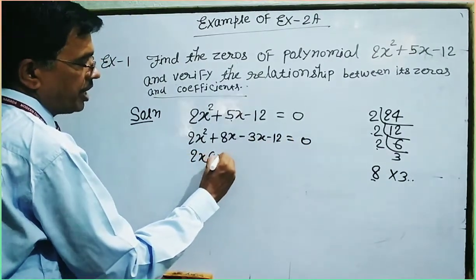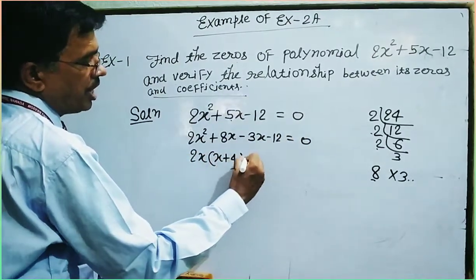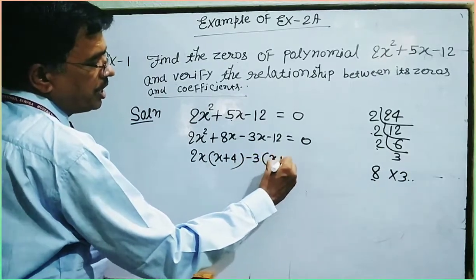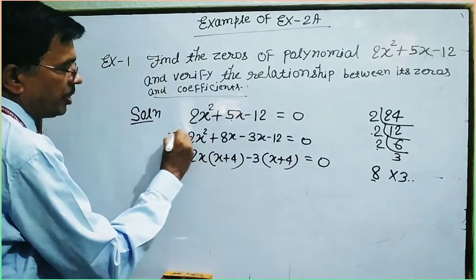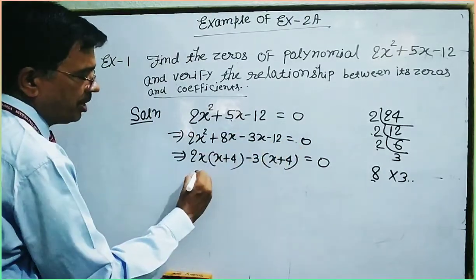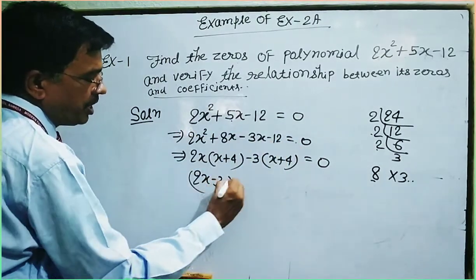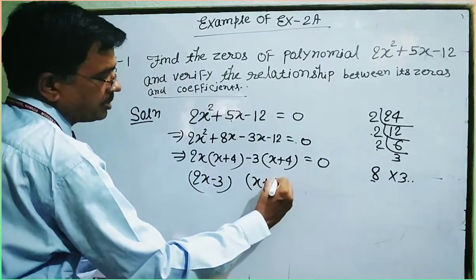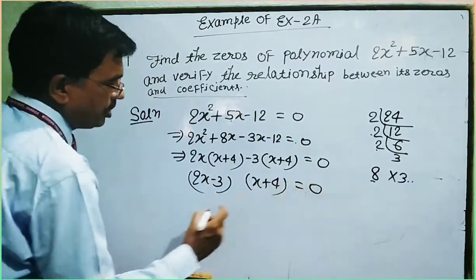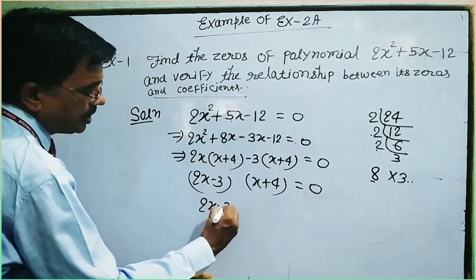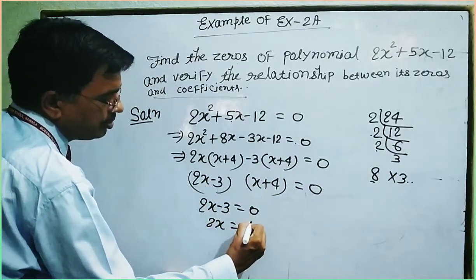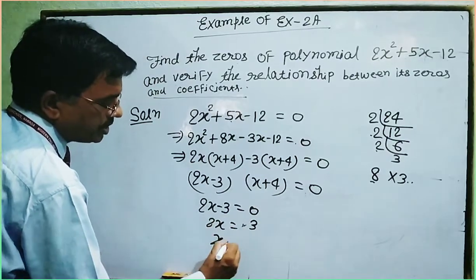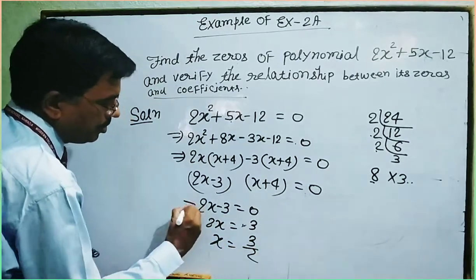2x common, then it is x plus 4. Here minus 3 common, then it is x plus 4 is equal to 0. That implies, here is 2x minus 3 and next is x plus 4, that is 0. Separately you write 2x minus 3 is equal to 0, then 2x is equal to 3, then x is equal to 3 by 2.